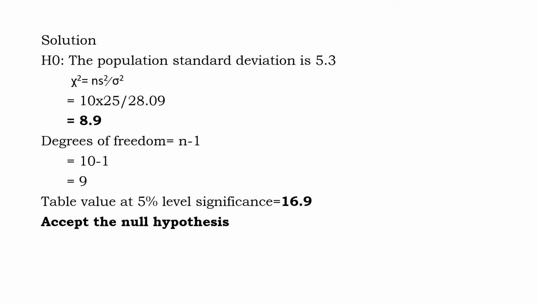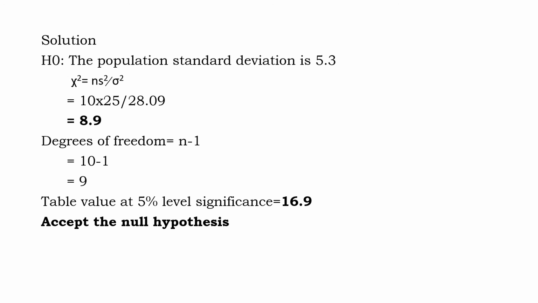Chi-square has 4 tests. The test of goodness of fit, in which we check whether the observed and expected frequencies are fitting together properly. Then we have the test of independence of attributes, in which in one particular sample you are testing whether two attributes are dependent on each other or independent of each other.